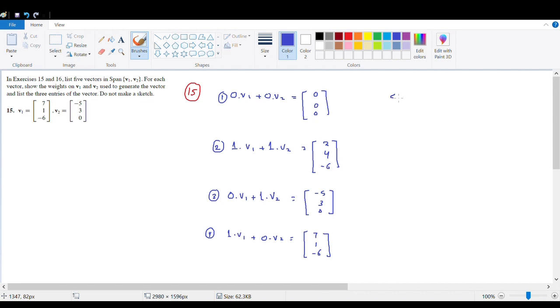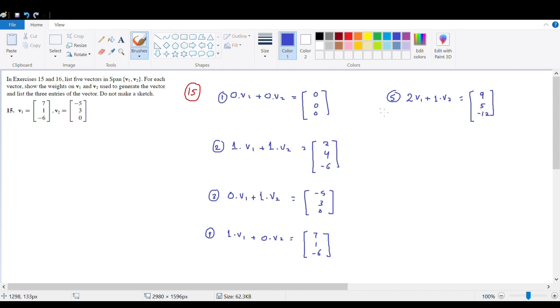If we choose another linear combination, for example, 2 multiplied by v1 plus 1 multiplied by v2, that means we multiplied the vector v1 by 2 and then we add it with the vector v2, and we get 9, then 5, then minus 12.